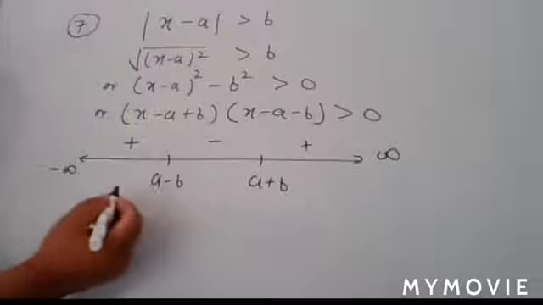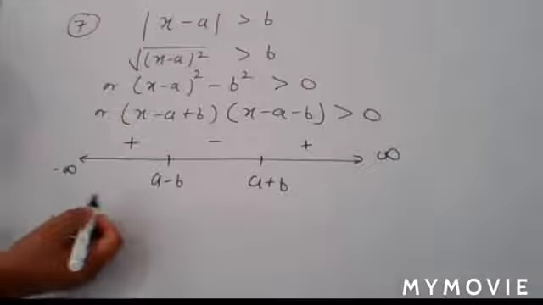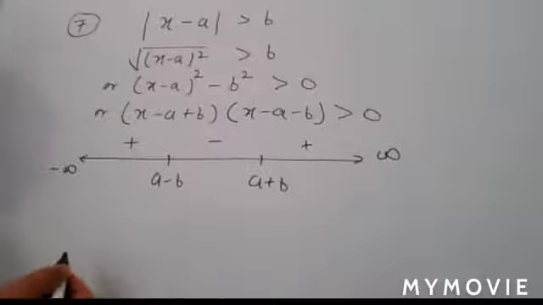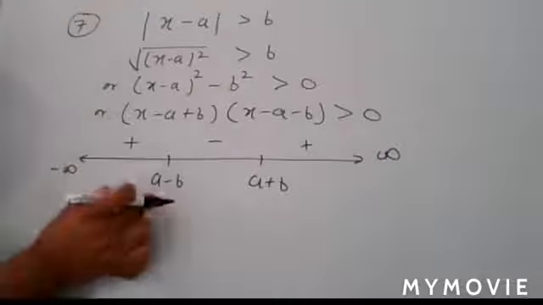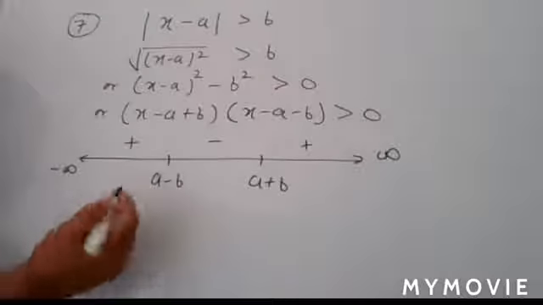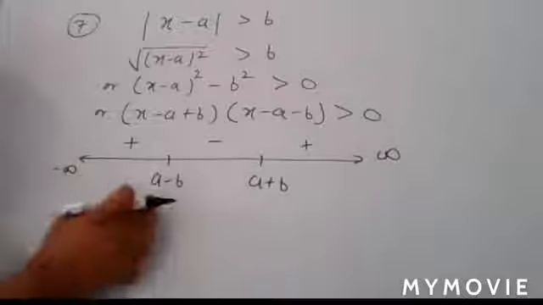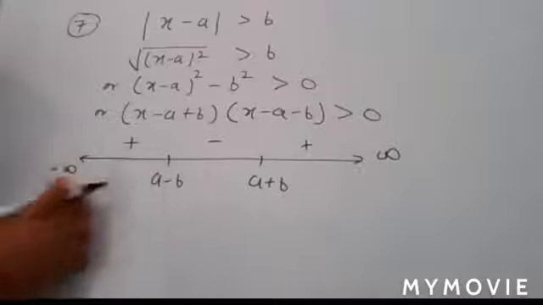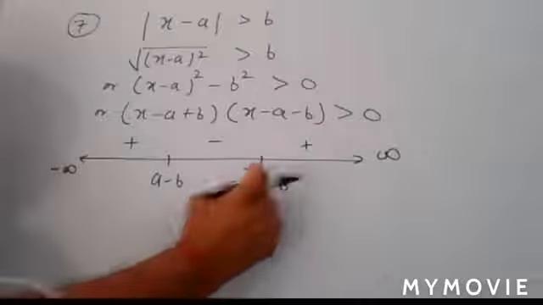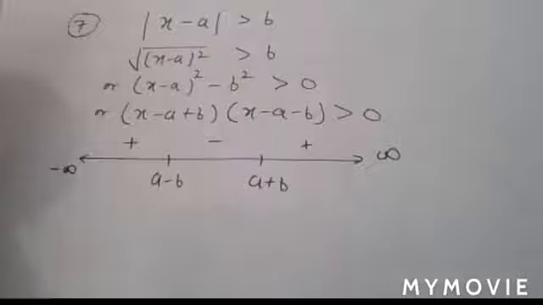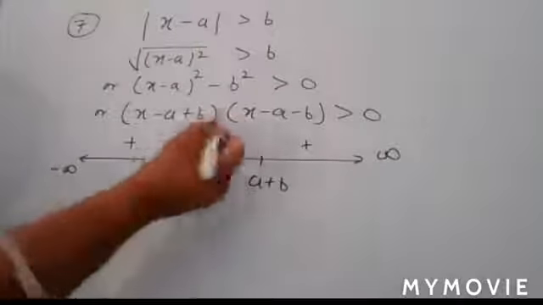And for this region, which is the leftmost region, in which way can you say the value of x? For this region, you can say the value of x is less than a minus b. And for the rightmost region you can say the value of x is greater than a plus b. Okay.